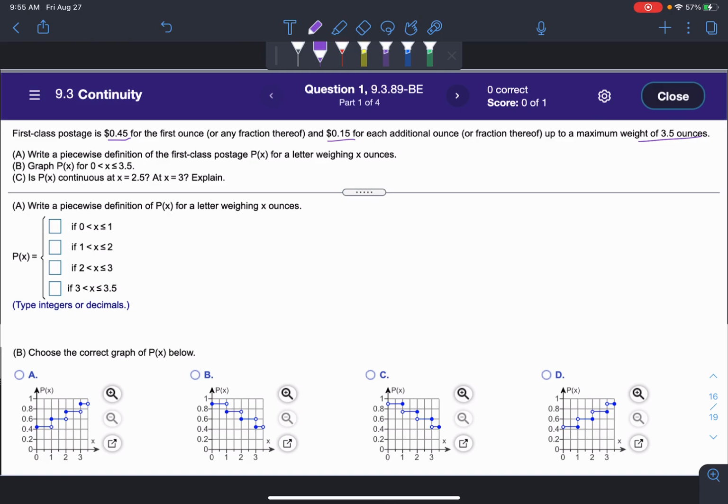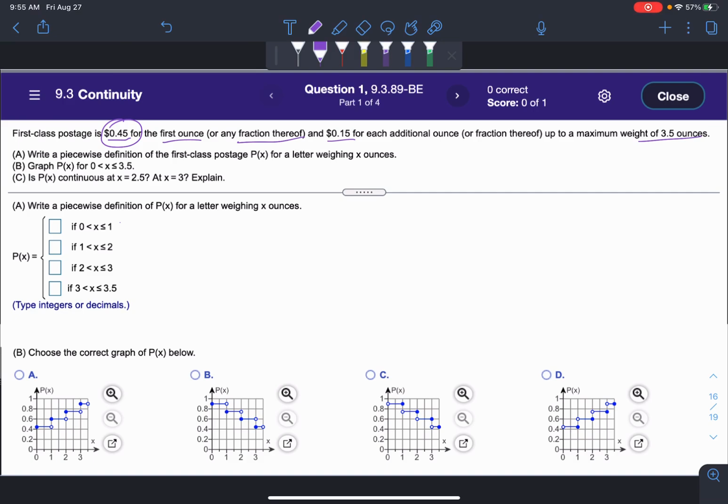So it says any fractions, that just means any number between 0 to 1 for the first range. So between 0 and 1, the postage is just 45 cents for the first ounce or any fraction up to that.